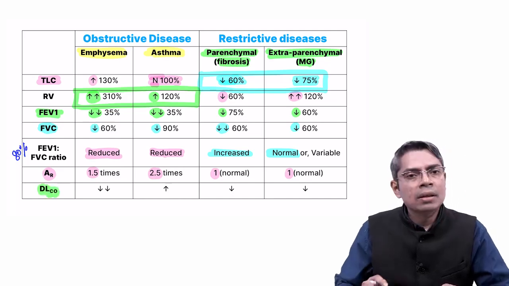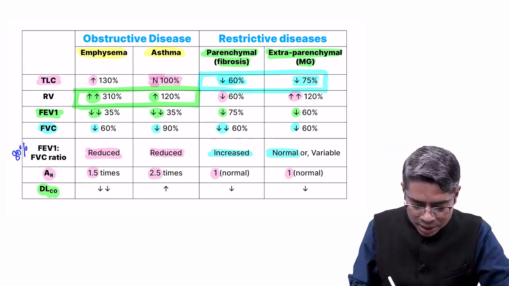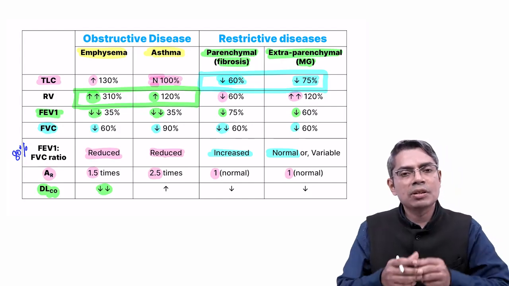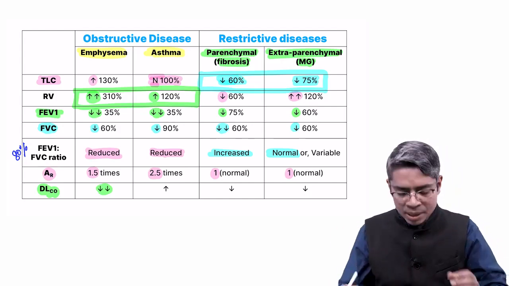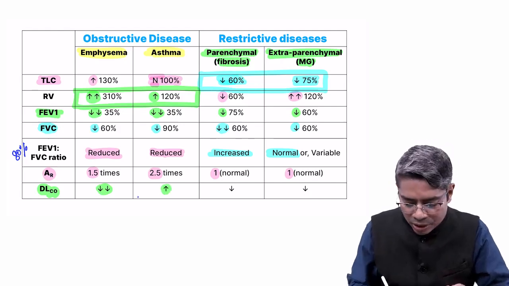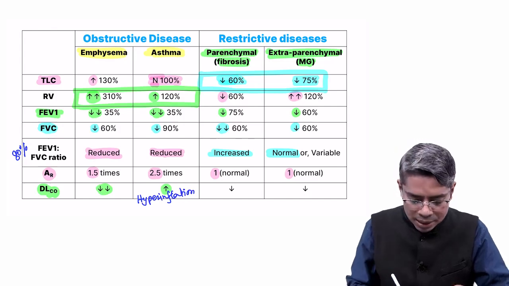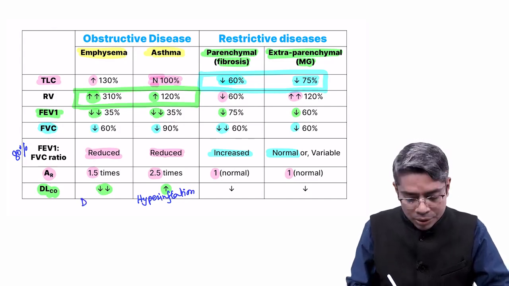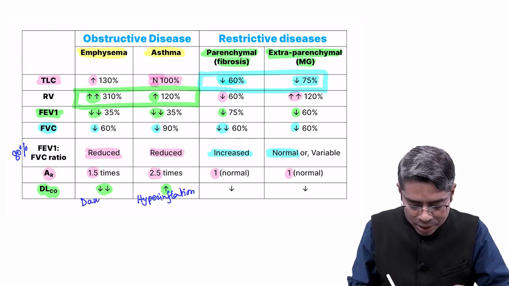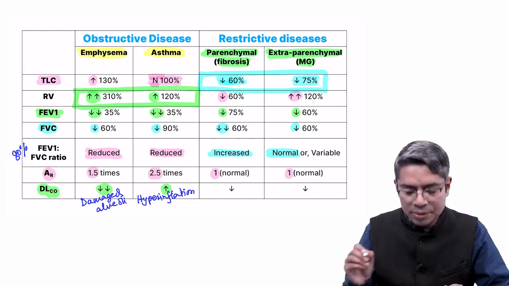DLCO is the diffusion capacity of the lung. Diffusion capacity of the lung is reduced in emphysema because of the rupture of the alveoli. Diffusion capacity is slightly increased in asthma because of the hyperinflation of the lung. Why is it reduced in emphysema? Because of the damage to the alveoli.